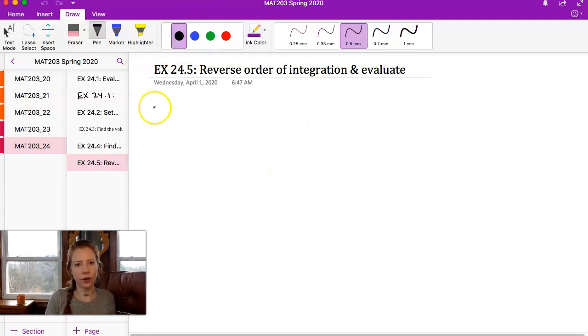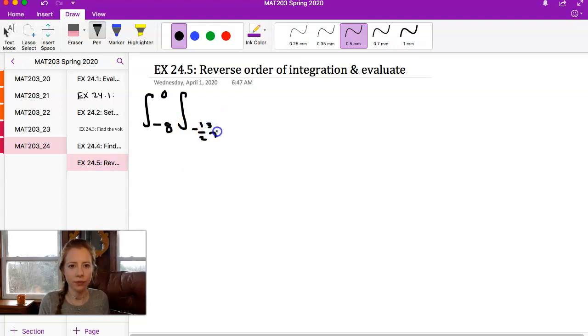We're going to go from -8 to 0 and minus 1/2 times the cube root of y to 1 of the cosine of x to the 4th dx dy.